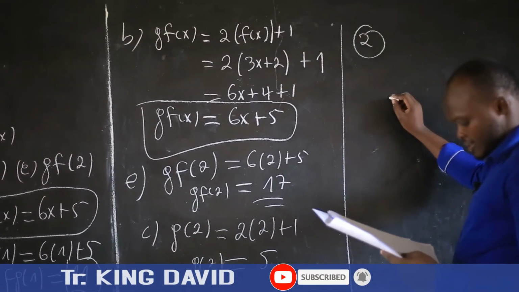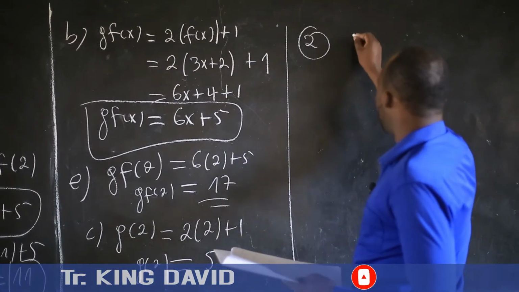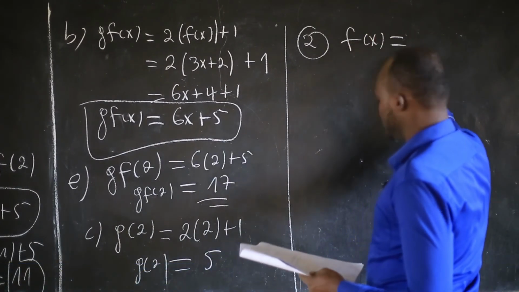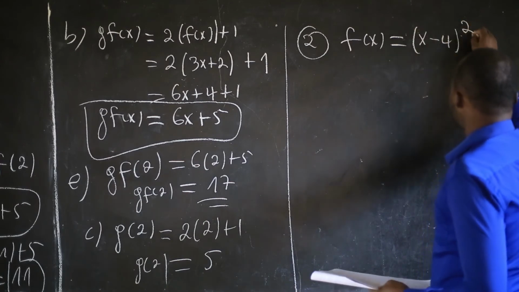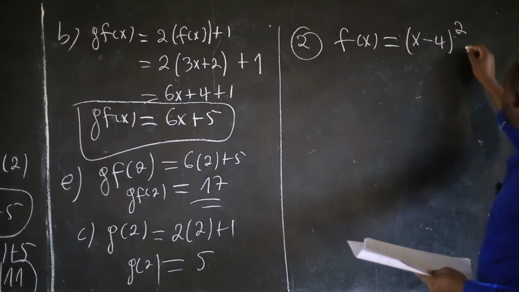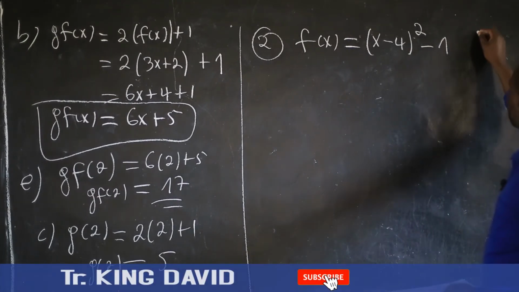So let us see example number 2. Example number 2, it is saying we have f of x equal to x minus 4 squared minus 1, for x a member of real numbers.